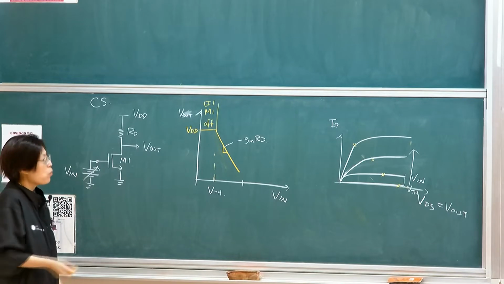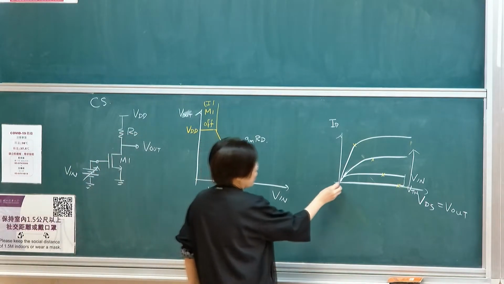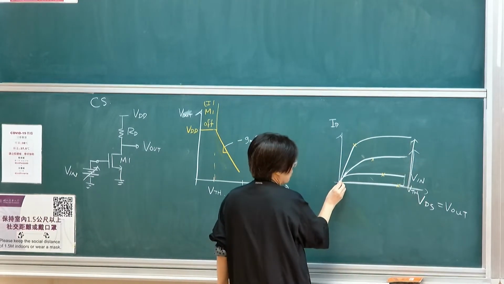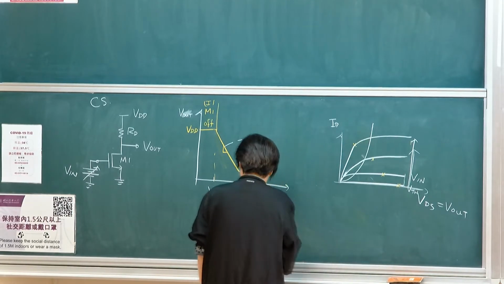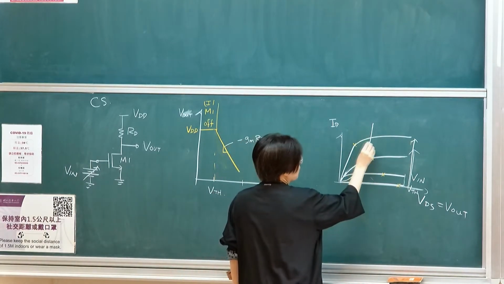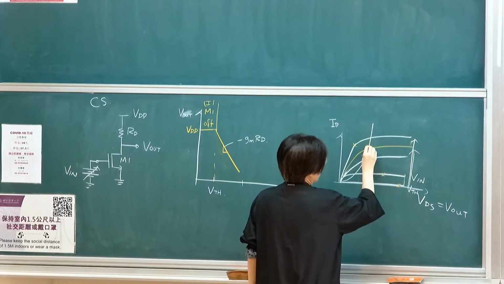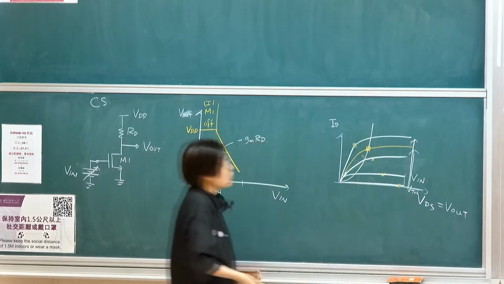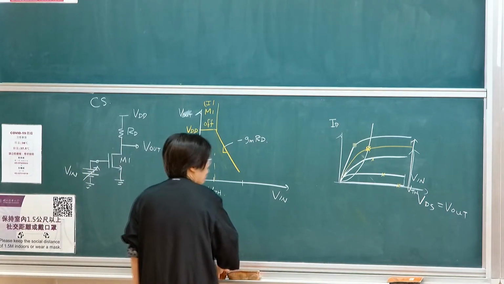Once your input reaches a level, as inputs start rising, there's this boundary. Once my input reaches this level, for example this particular line, you would then enter the transition between saturation and linear.